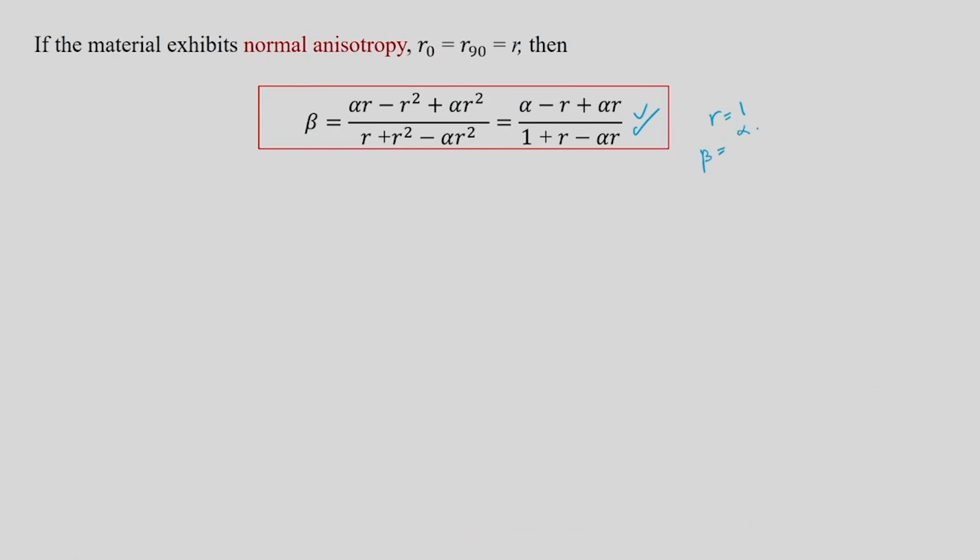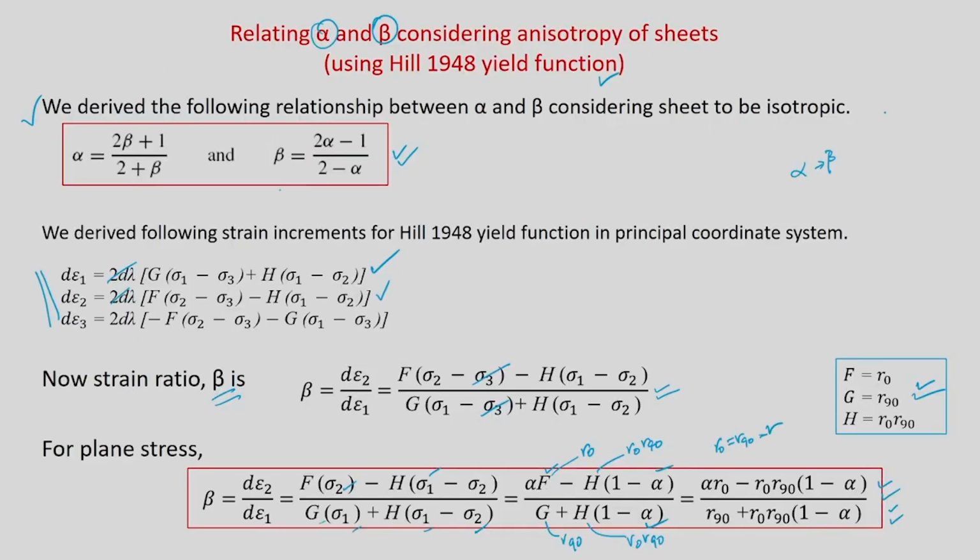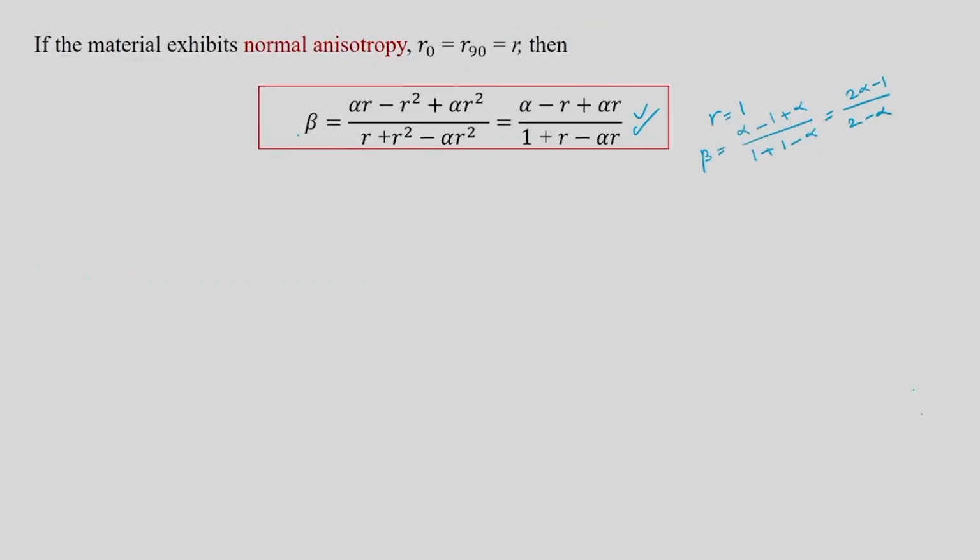R equal to 1 means alpha minus 1 plus alpha divided by 1 plus 1 minus alpha. So, this is 2 alpha minus 1 divided by 2 minus alpha, which is what we got before, isn't it? 2 alpha minus 1 divided by 2 minus alpha we got here, right.